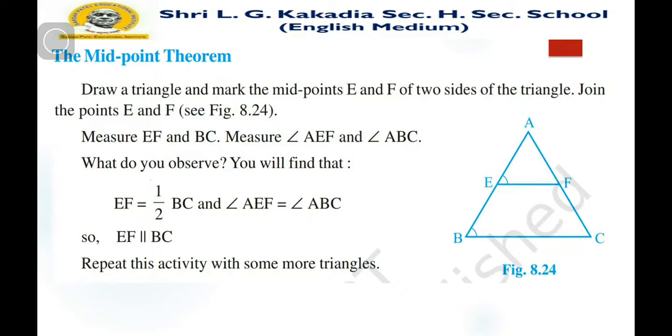Here we can conclude the midpoint theorem: if we draw a line segment joining the midpoints of two sides, then it is parallel to the third side, and its length is half of the third side.